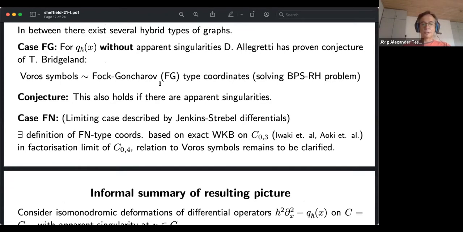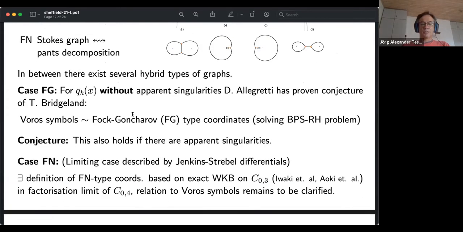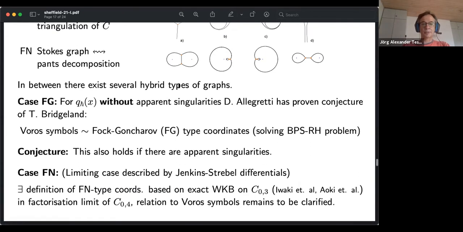There is work in the literature. Lotte and collaborators have worked on this. There are some results that we have used in our work by Iwaki et al. and Aoki et al., which in particular cover the case of the three-punctured sphere.